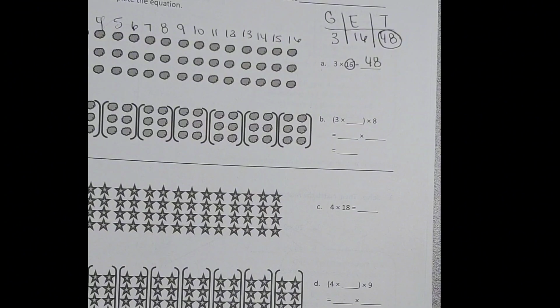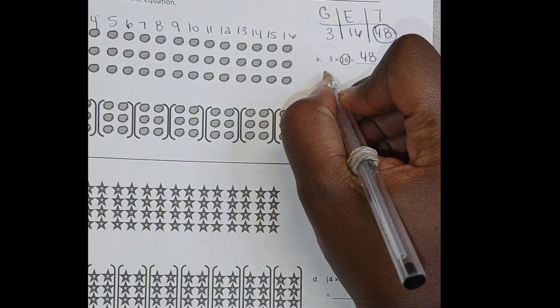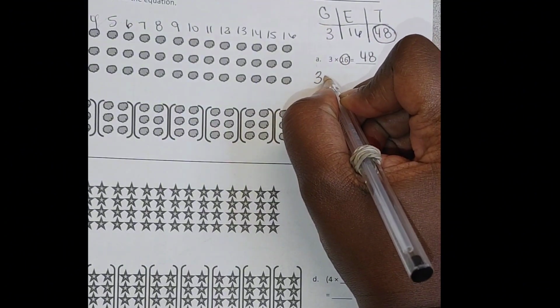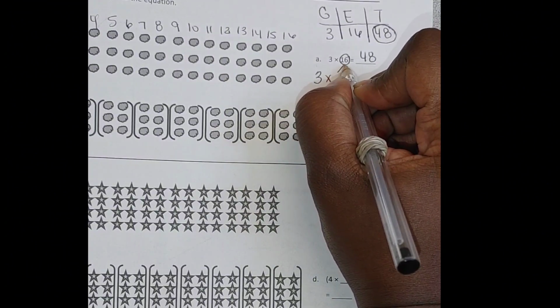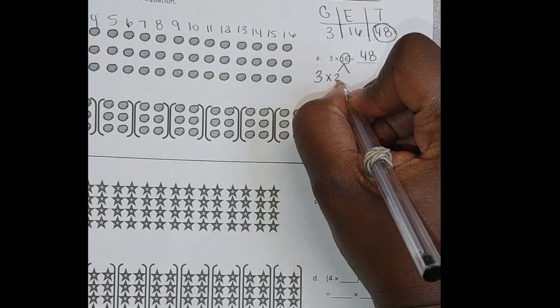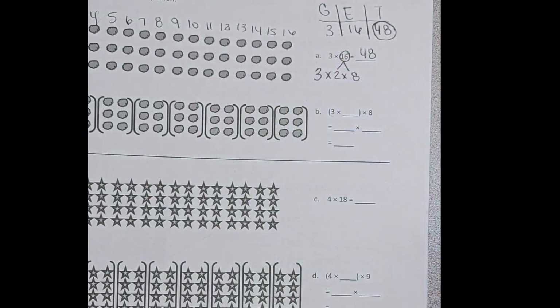So we're going to turn it into an equation using the same numbers that would be in their fact family, so that it makes it easier to use. So we're going to bring down our 3 here. 3 times 16. 2 times 8. All right, because 2 times 8 equals 16.